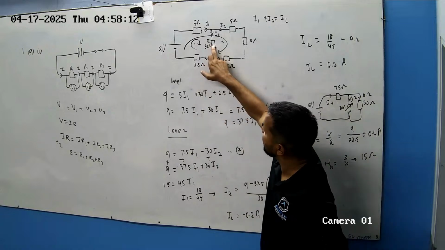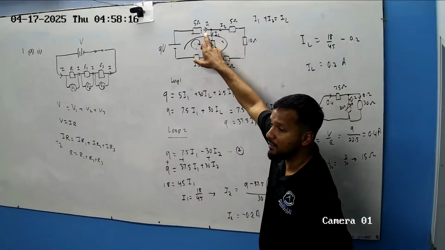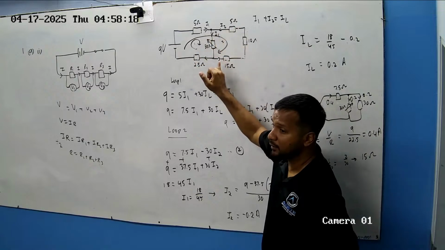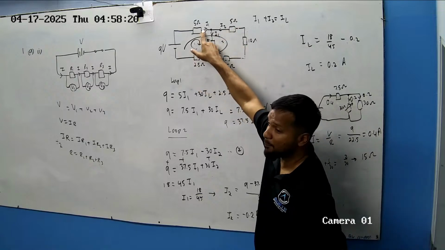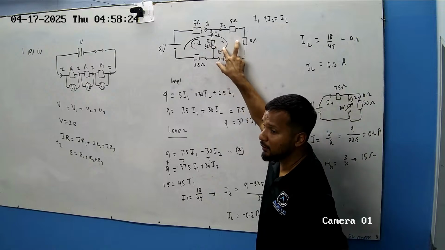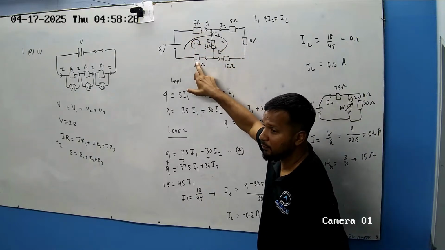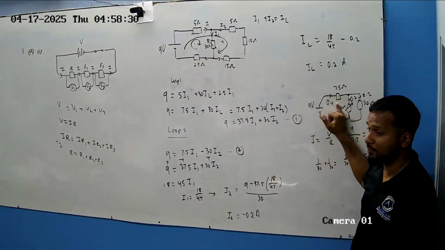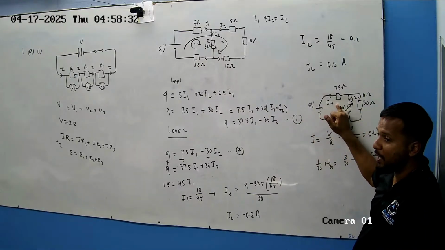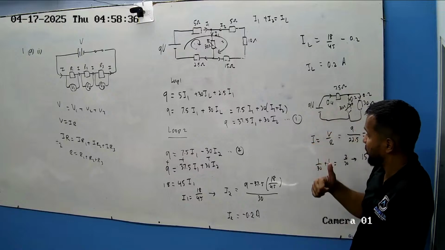This is in parallel with all of this. When the current leaves here, it splits up here and here, so whatever is happening here is in parallel here. I can put these two together because the same current flows here and here. That's how I get 7.5. So this 7.5 is in parallel with both 30s. So you can also do the circuit like this.